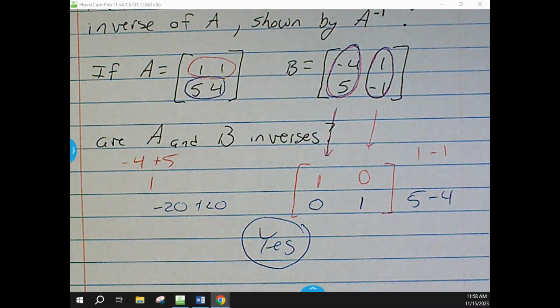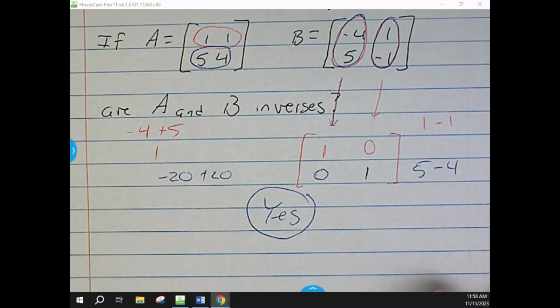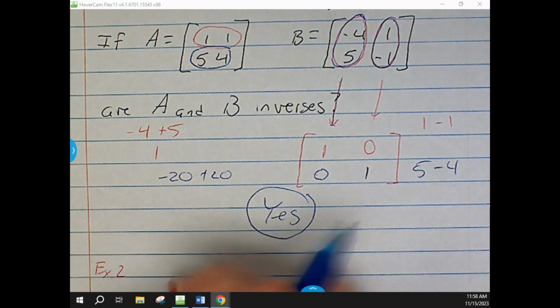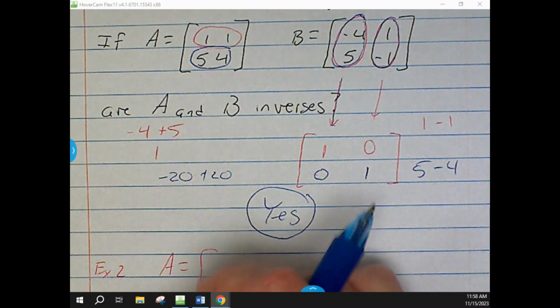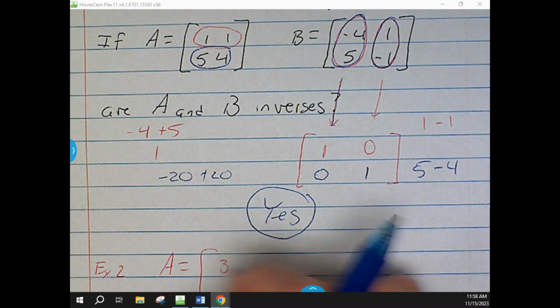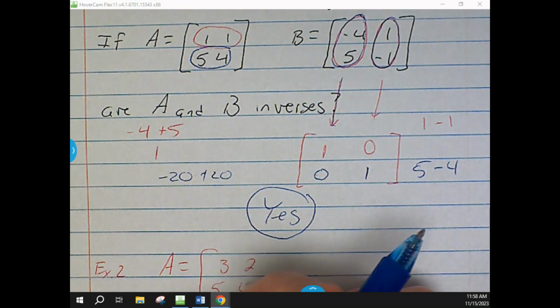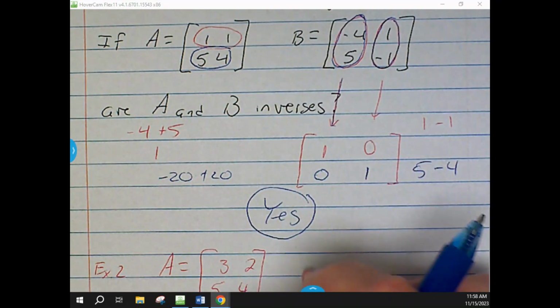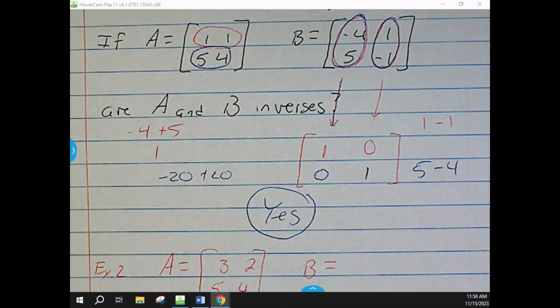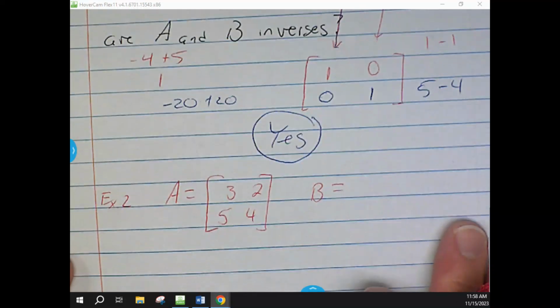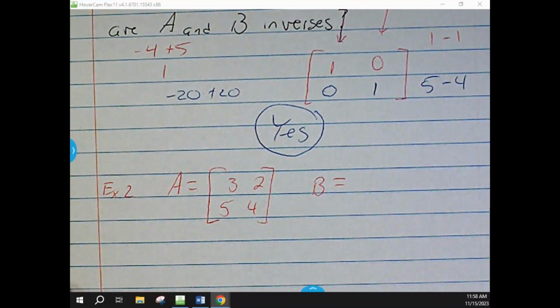Okay, now let's show you one where they're not going to be inverses, so we can see the difference of the two. So for matrix A, let's go with 3, 2, 5, 4.